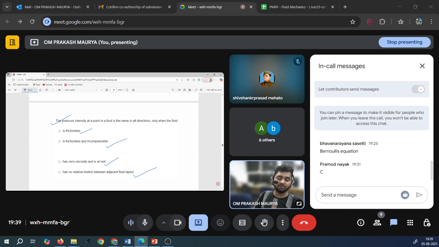Which option is appropriately correct for this question? Please everyone try to write your answer. This option is A, this is B, this is C, and this is D.